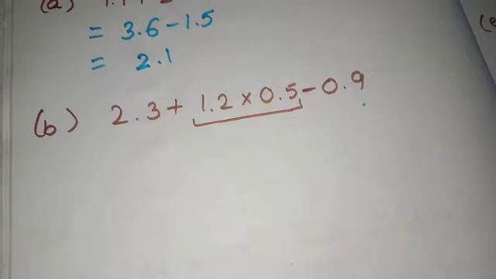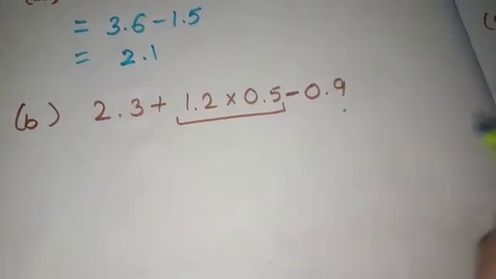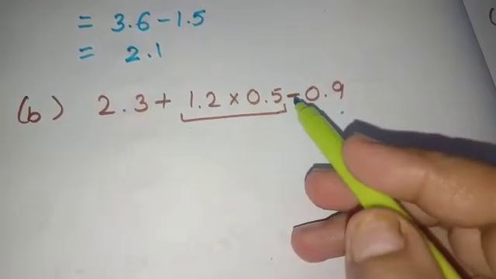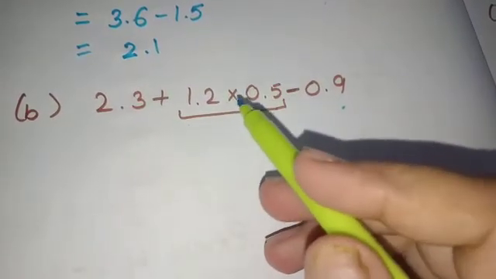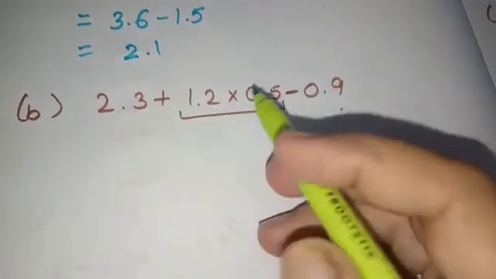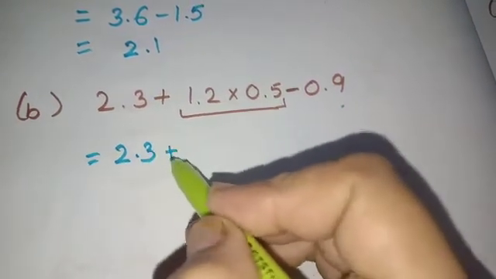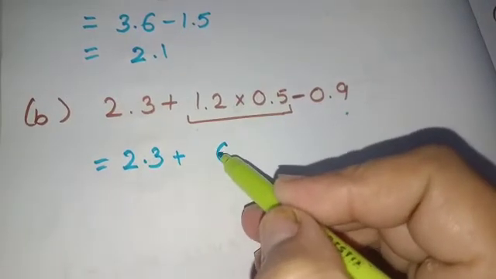2.3 plus 1.2 multiply 0.5 minus 0.9. So plus, multiply, minus. Which operation will be solved first? Multiply. So 1.2 multiply 0.5. 12 5s are 60.